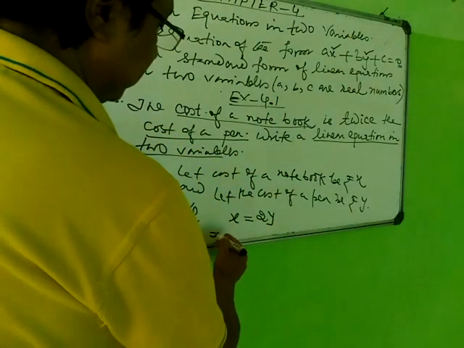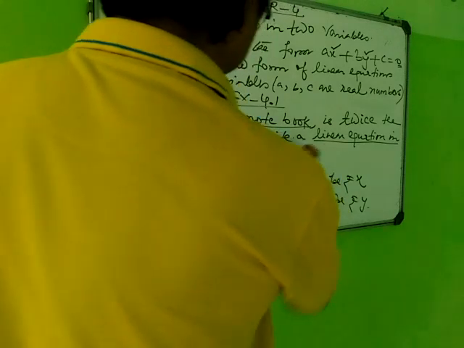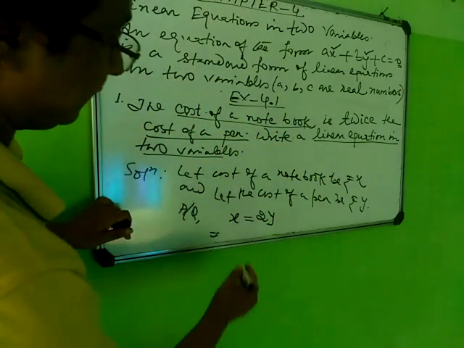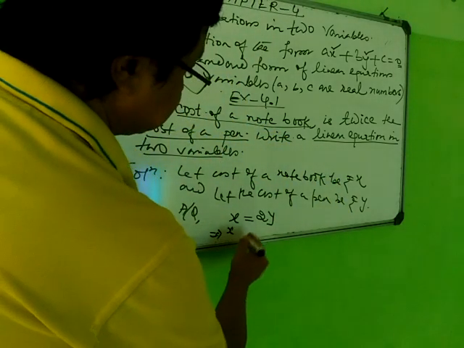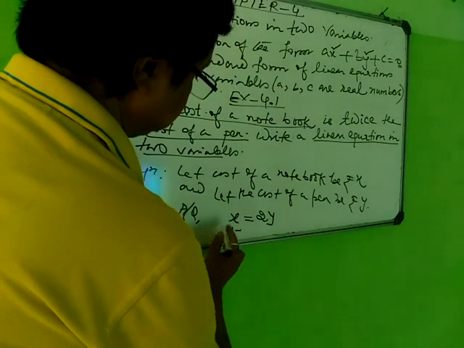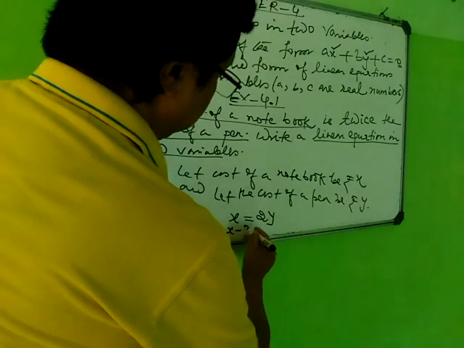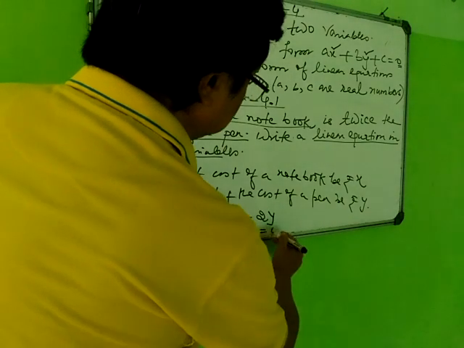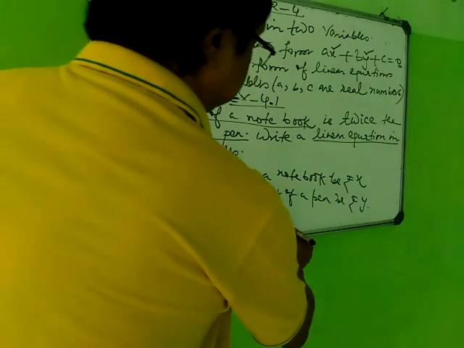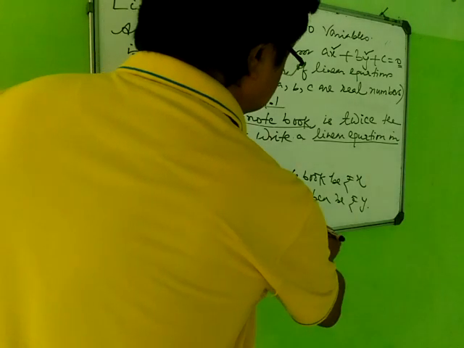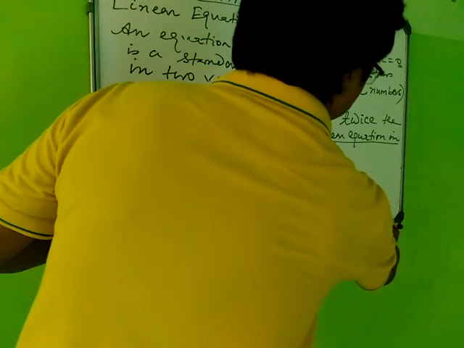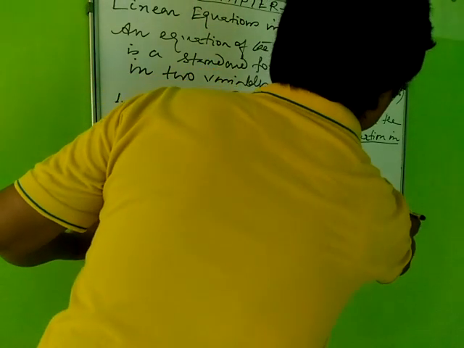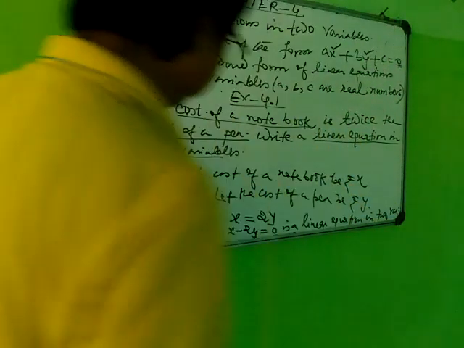So you have to form the linear equation in two variables. Here x minus twice y, bringing twice y to this side, equals 0 is a linear equation in two variables.